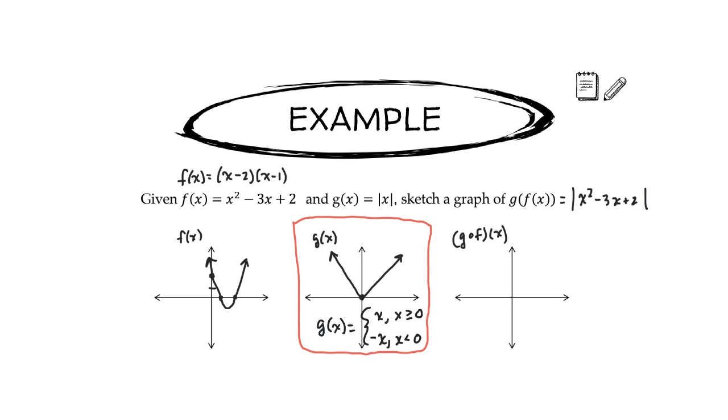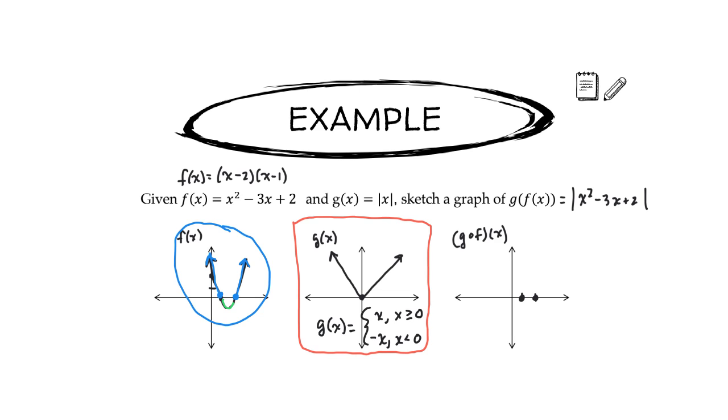This time, our input is the function f of x. And we can see that f of x as a function, sometimes it is greater than or equal to 0. And other times, it's less than 0. So the resulting function, when I compose g of f of x, will look exactly like this.